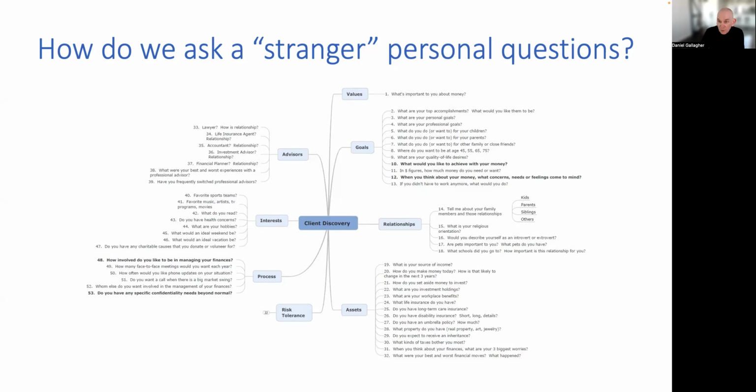What do they do? They send out an email with all these questions: please answer these questions and send them back. That is not developing a relationship with a prospect so they'll become a client. So I want you to understand, do we need all this information? Yes, absolutely. But the question is, what's the best way to acquire this information?